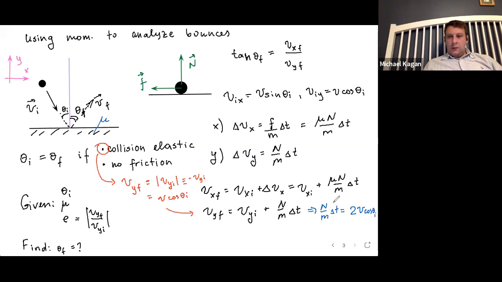And then you can substitute this in here and find that Vx final equals V times sine theta initial, I'm substituting Vx initial explicitly, plus 2 mu V cosine theta initial.